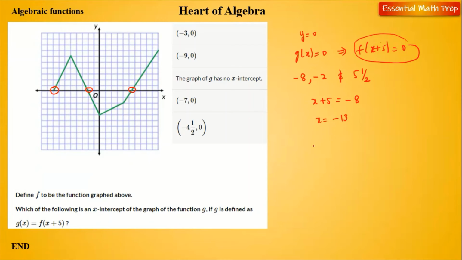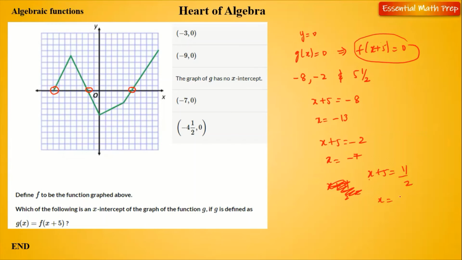Okay. Similarly, x plus 5 equals -2, so x equals -7, and x plus 5 equals 5.5, right?